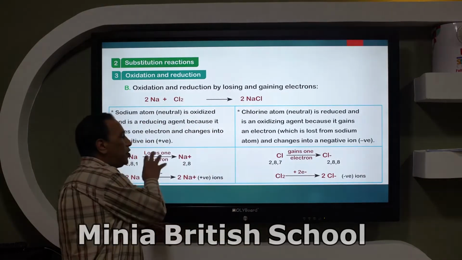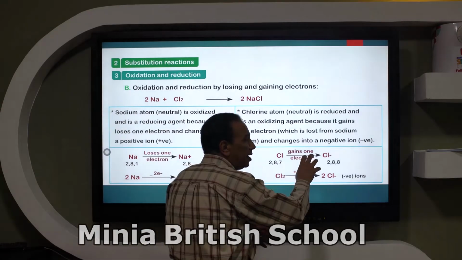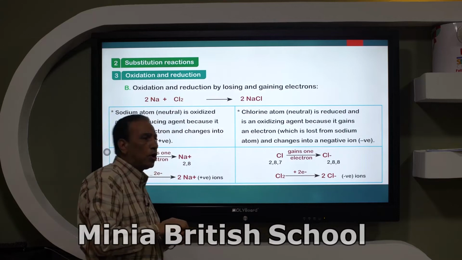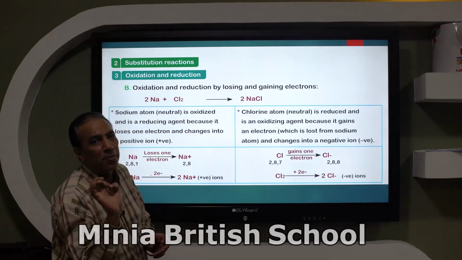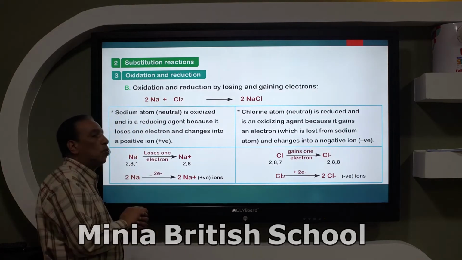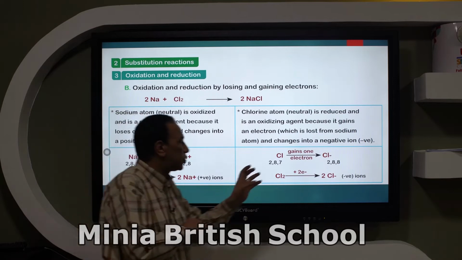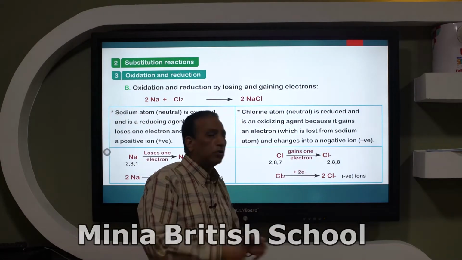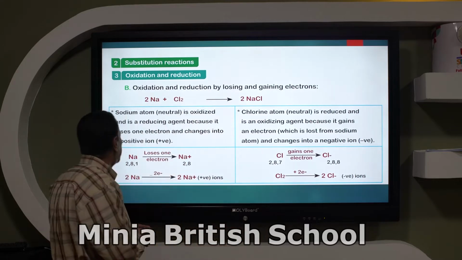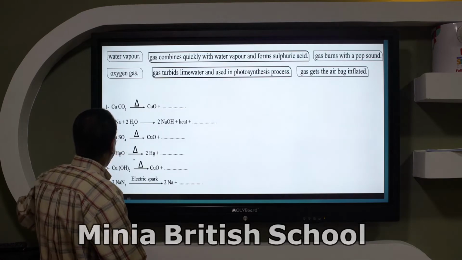So oxidation is losing one electron or more, reduction is gaining one electron or more. The substance that lost one electron or more is called reducing agent. The substance that gained one electron or more is called oxidizing agent. This is the first part.